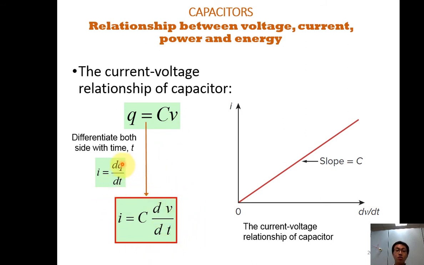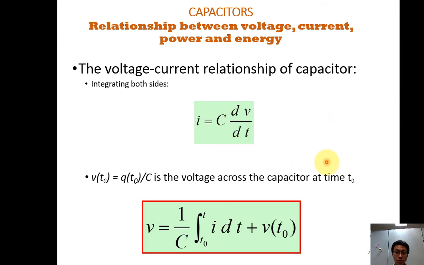We know that dq/dt is the current I from chapter 1. So we can conclude that the capacitor relationship is I equals C dv/dt. The relationship between I and dv/dt is a slope, and the slope is the capacitance value.